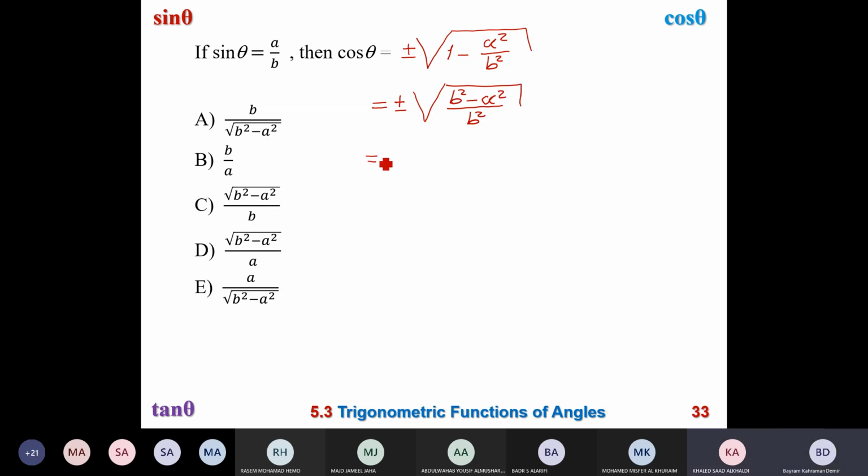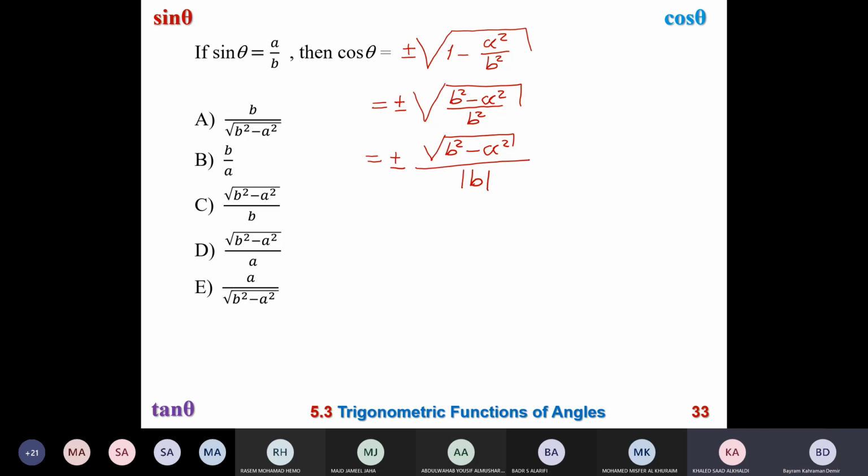And we get the root of b squared minus a squared over the absolute value of b, right, Shabab? Yes. So it will be c.